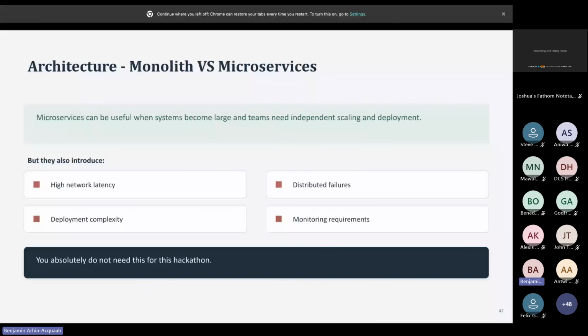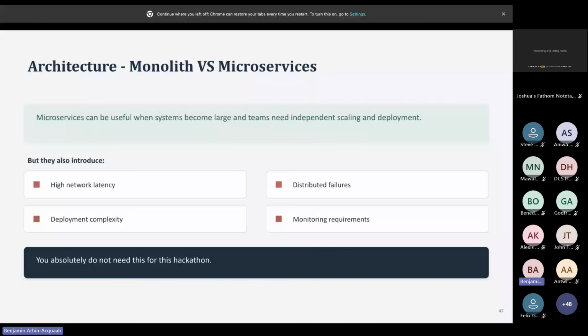So some of the features of a microservice is they have deployment complexity because you have to deploy different services independently. And also, when services talk to each other, you're essentially incurring network latency.